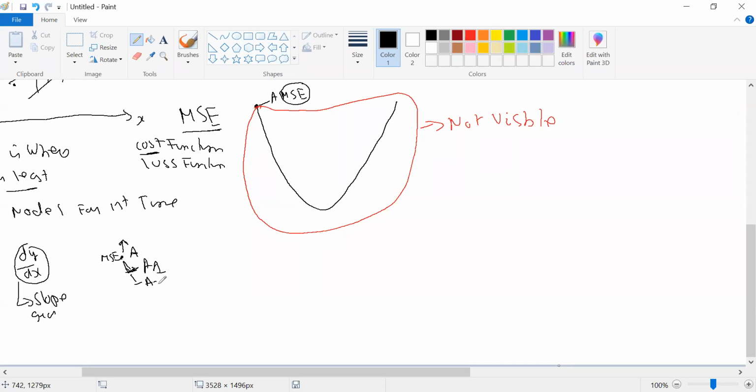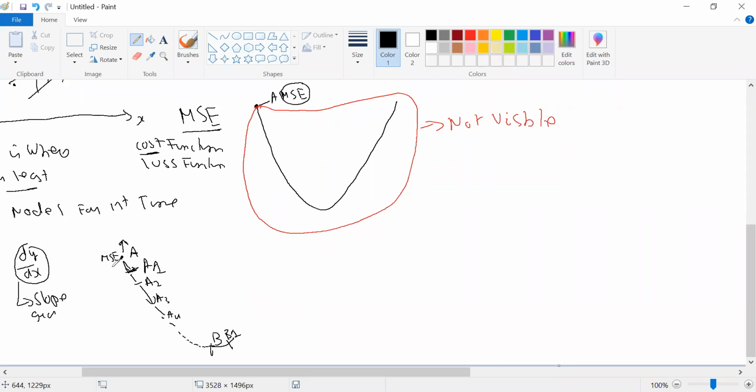Then you take a step at A2, then at A3, then at A4, and you continue your journey. At, let's say, point number AN or point number B, you have reached the bottom, and then if you move upwards, the slope will start to increase. When the slope starts to increase, it is an indication that your best point has been left behind.